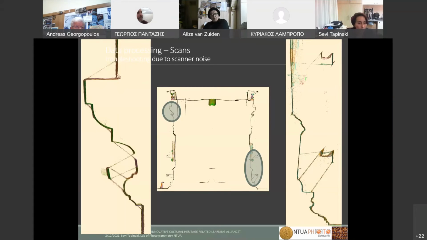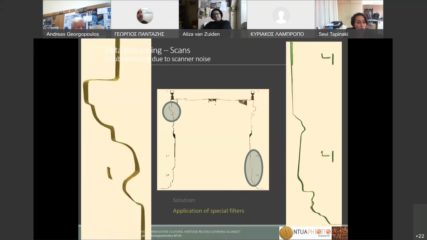It was difficult at the time because the photogrammetry software didn't have the appropriate filters. Now they have it in the new versions, but the version that we used didn't have these filters. Fortunately, we found some filters in another way, and we managed to eliminate these points and to have clear surfaces.